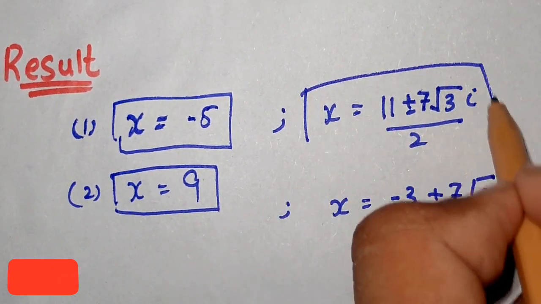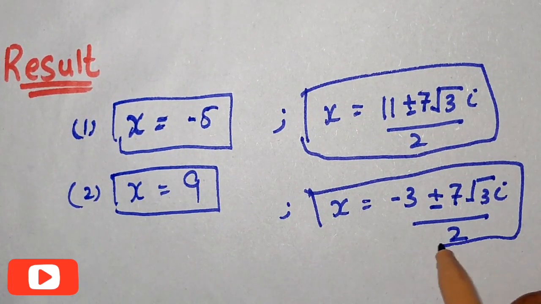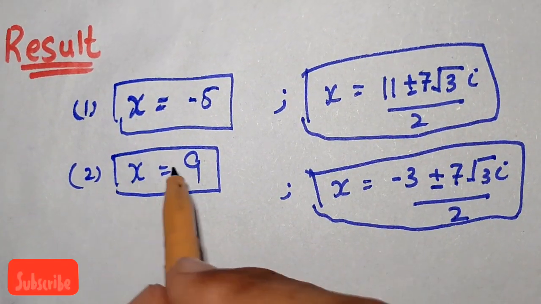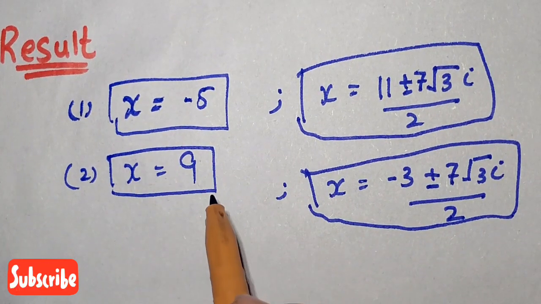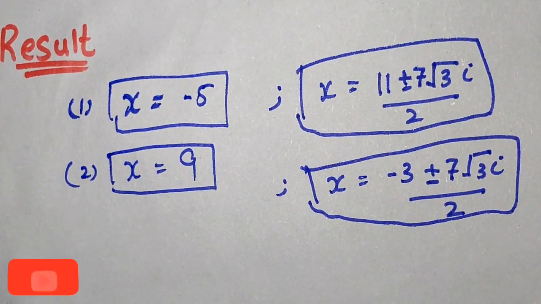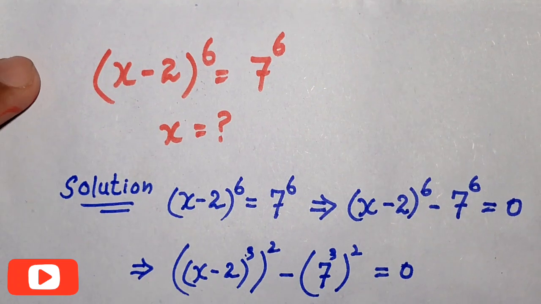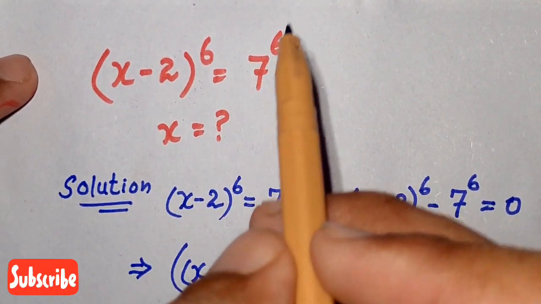So these are the complex values and these are the real values. So these are the answers, the values of x of the question, that is x minus 2 to the power of 6 is equal to 7 to the power of 6.